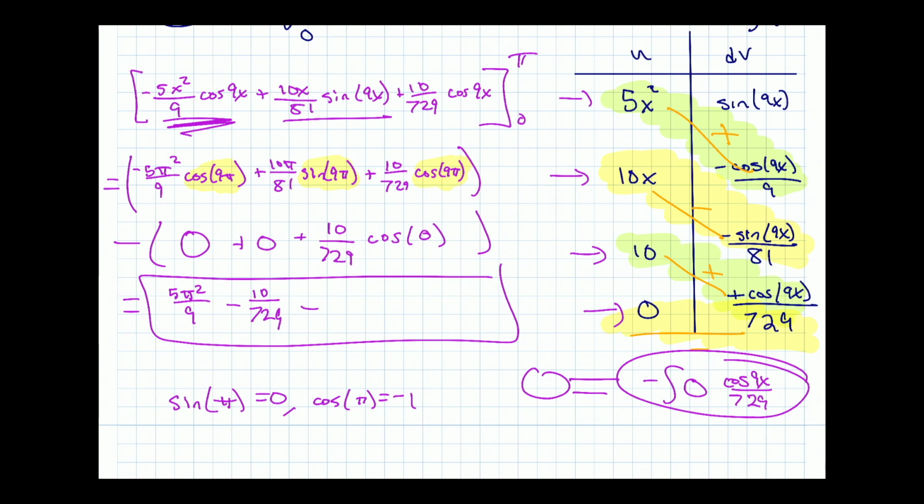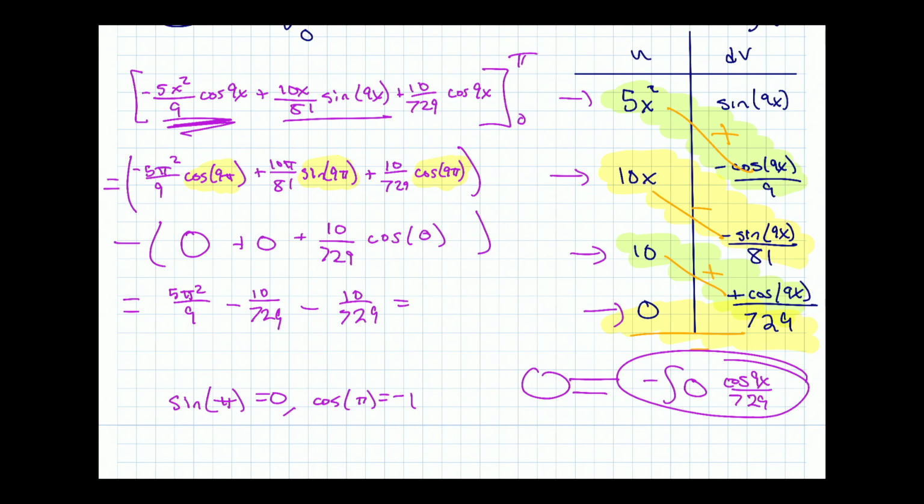Cosine 0 is 1, so this is minus 10 over 729. Which looks like now, if I did this right, I could have made a typo here or something. Negative 10 over 729 minus 10 over 729 is negative 20 over 729. So that's it.